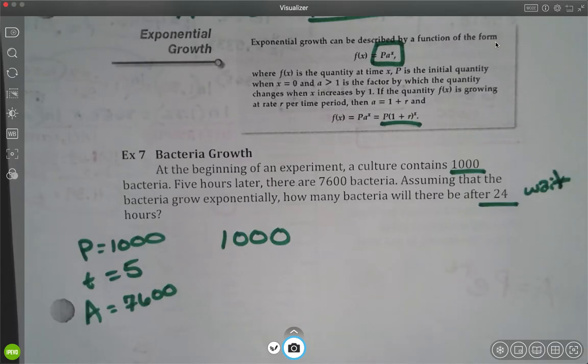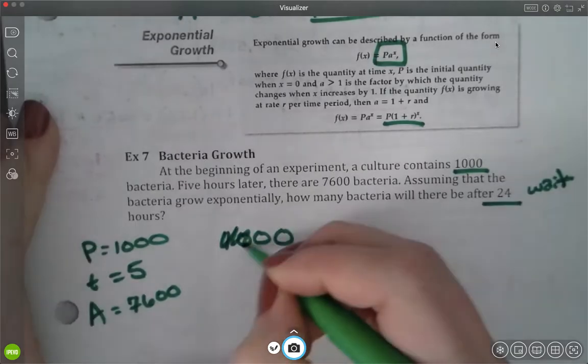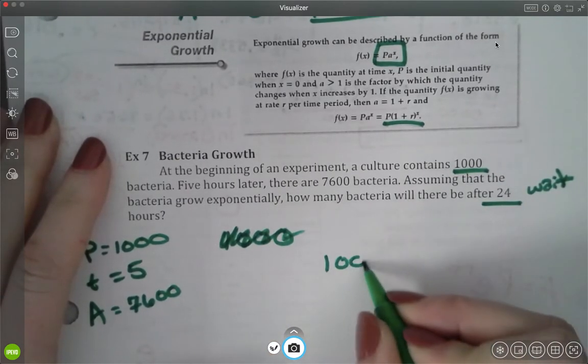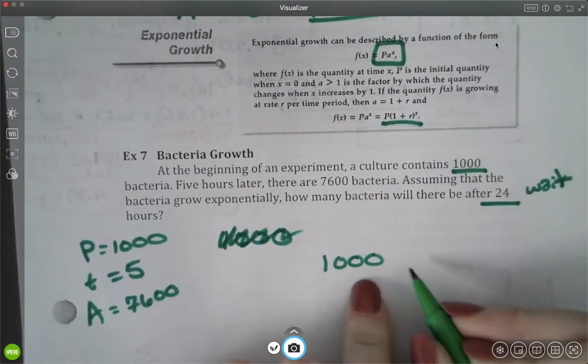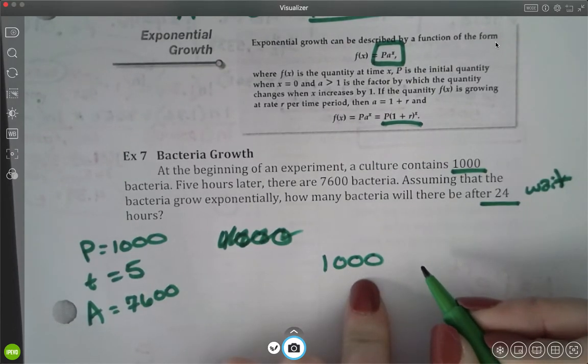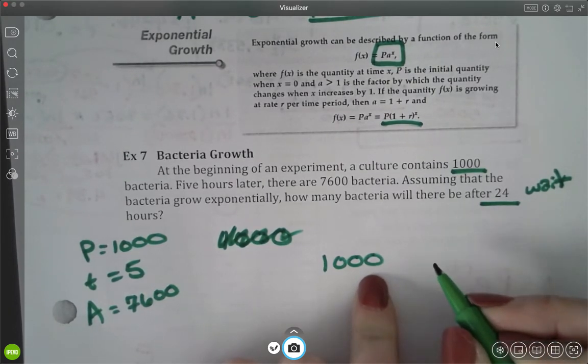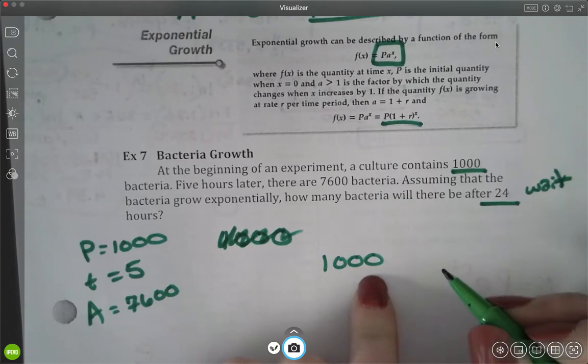Okay, so let's fill in our formula here. I'm gonna move my 1,000 over. Let's use exponential growth.